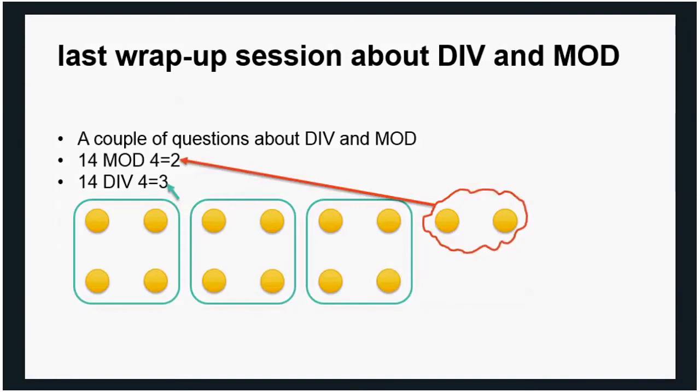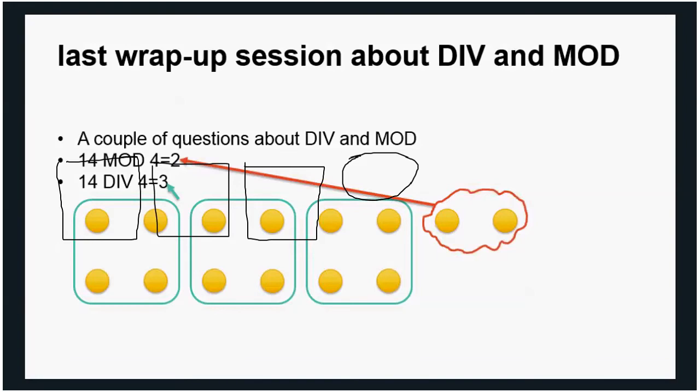So if we have these 14 yellow dots, and we try to visualize what div and mod mean, 14 div 4 equals 3, because you can fit these boxes of 4 exactly 3 times in the sequence of 14 dots. And after these 3 boxes, you will have 2 dots left, and this would be the result of the mod.